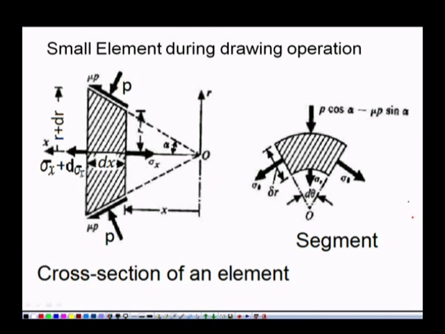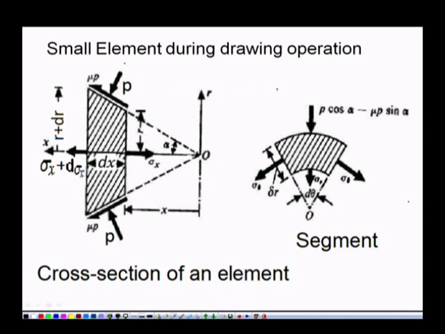In the screen you are observing that we have a pressure in this direction, and for that we have analyzed the forces along the x direction. For that we had an expression, so we will see that one.